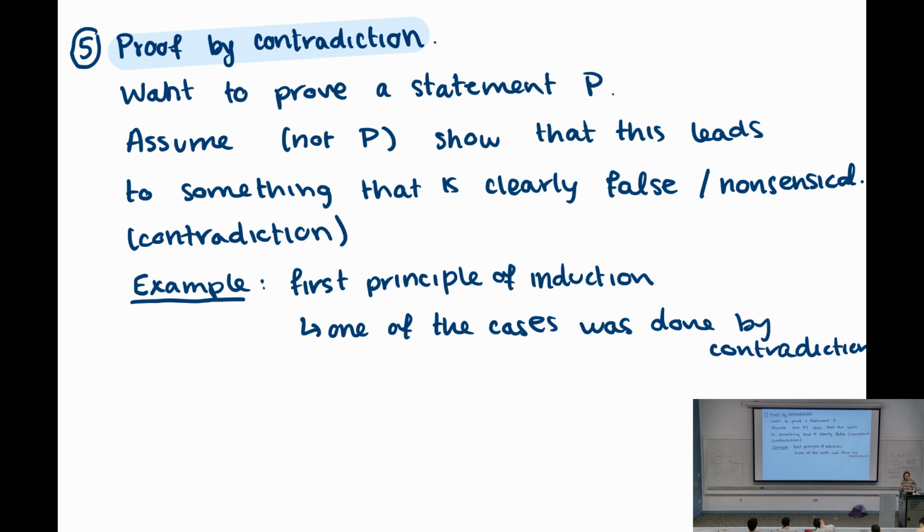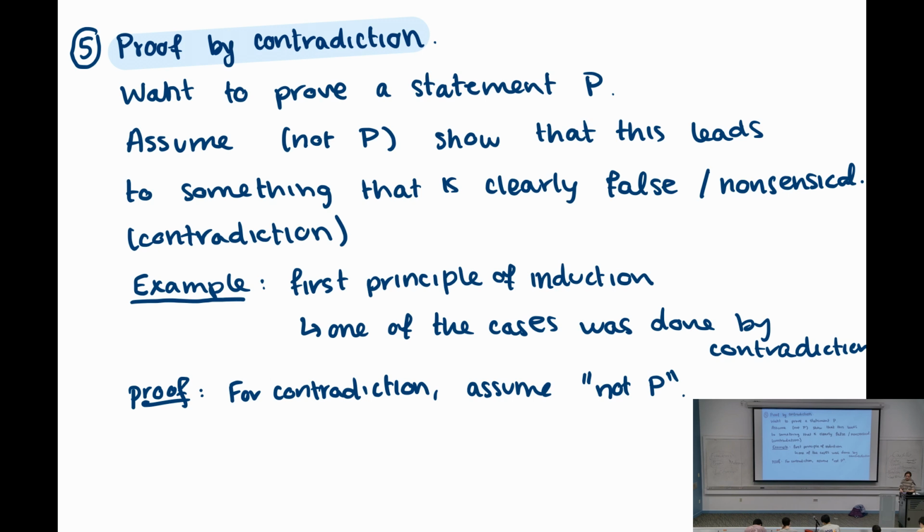Yeah. Okay, so how to structure a proof by contradiction. At the beginning of your proof, you might write, for contradiction, assume, and then write down whatever not P is.